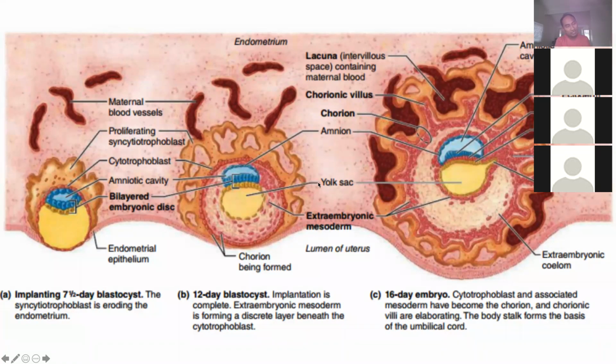Part of the yolk sac is going to become our gastrointestinal tract, which we talk about for 3 days. It is a long 3 days about the gastrointestinal tract. And this amniotic cavity is going to become the amniotic sac, which will keep the baby protected from the surroundings.